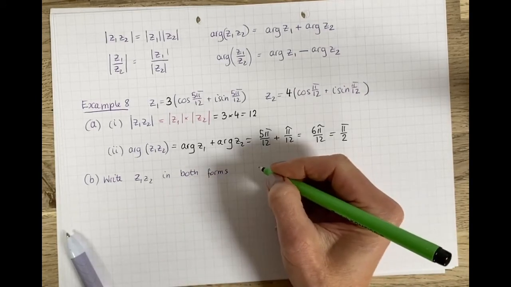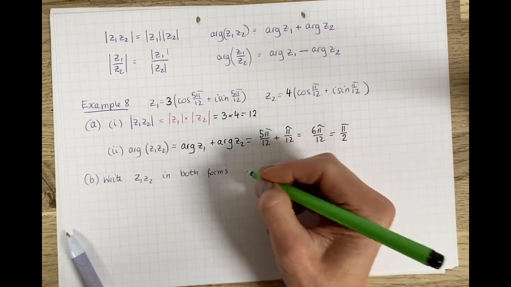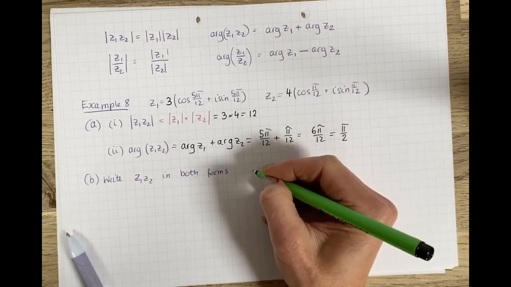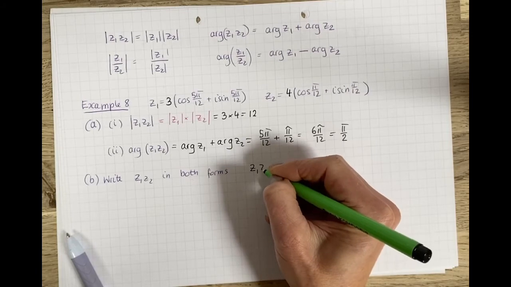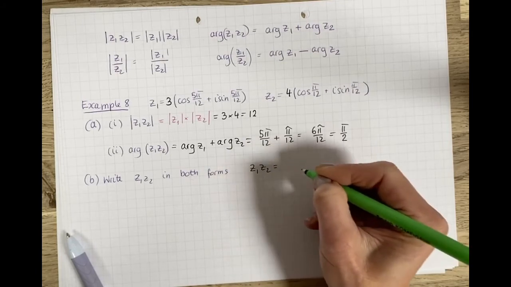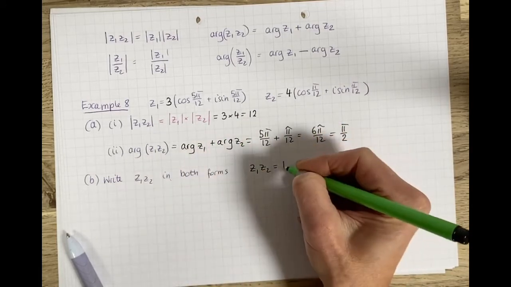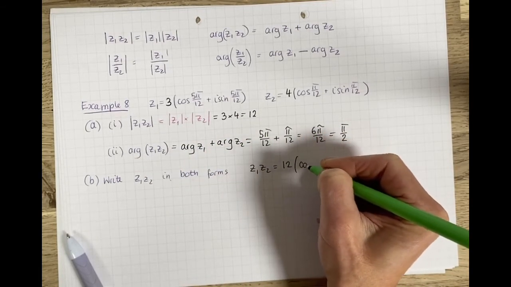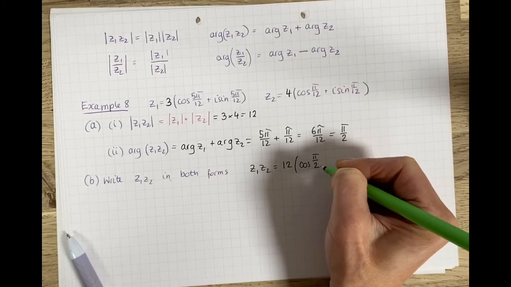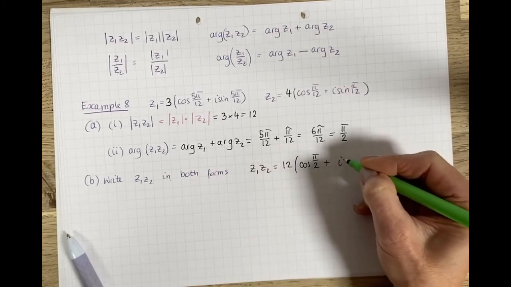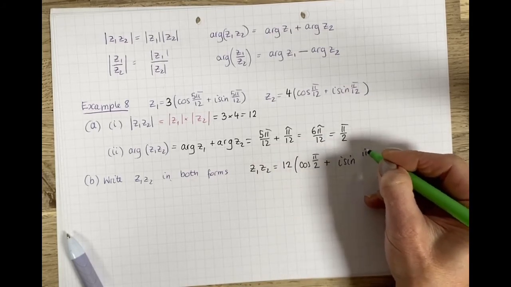Okay, now we are asked to write z1 times z2 in both forms. First the trigonometric form, which is called the modulus-argument form. So z1 times z2 is going to be the modulus, which is 12, and then cos pi over 2 add i sine pi over 2.